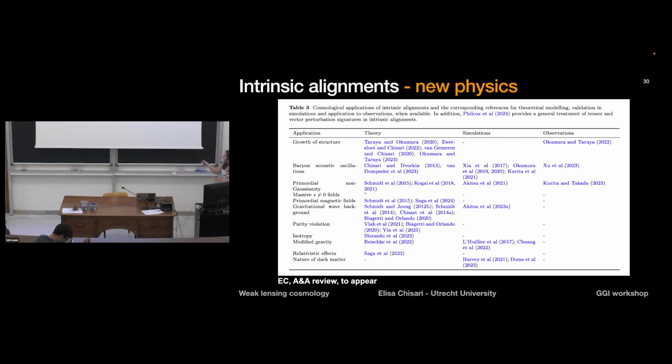Some of them have been verified in simulations, that the theoretical predictions make sense, and we do see the effect in simulations. And some people are moving in the direction of actually using the data to constrain some of these processes. I think this one is super interesting, by Toshiki Kurita, where he looked at primordial non-Gaussianity from alignments directly in the BOSS data. So it's percolating this way, which is nice.